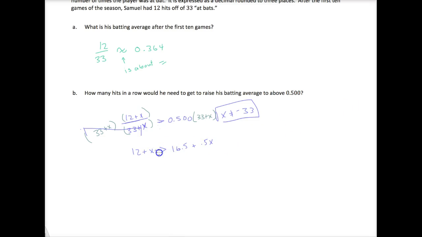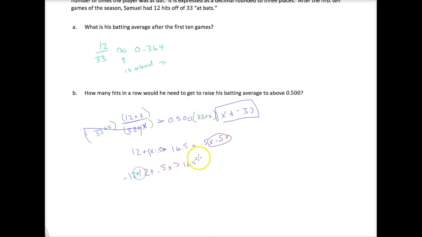I could subtract 0.5x on both sides. Oh, sorry about that. That's kind of ugly. I squished that in there. 0, and we get 12 plus, and this is a 1, so 1 minus a half, that's 0.5x is greater than 16.5. I'm going to go ahead and take the initiative of subtracting 12.